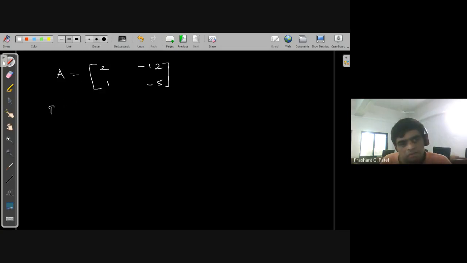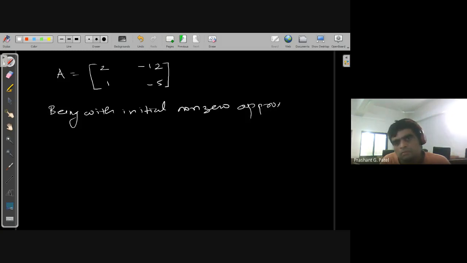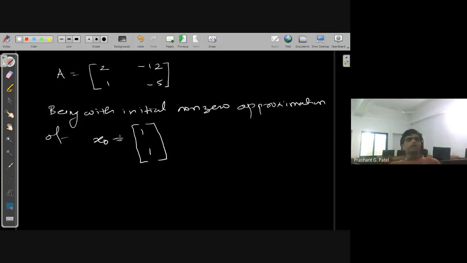So we begin with the initial non-zero vector x0 equal to (1, 1). You can start with any non-zero vector.